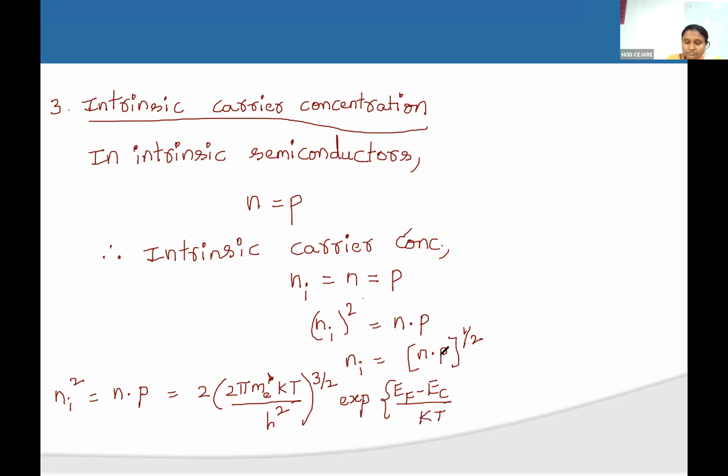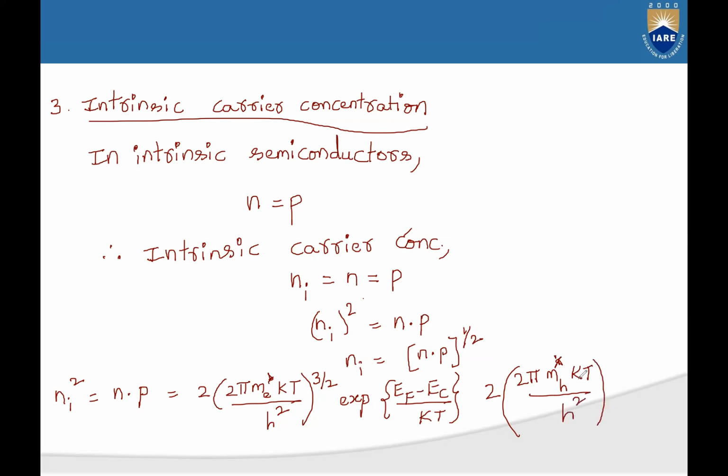Just now we got the expression. It is 2 into (2 pi mh star kT by h square) whole to the power of 3 by 2, into exponential of (EV minus EF) by kT.